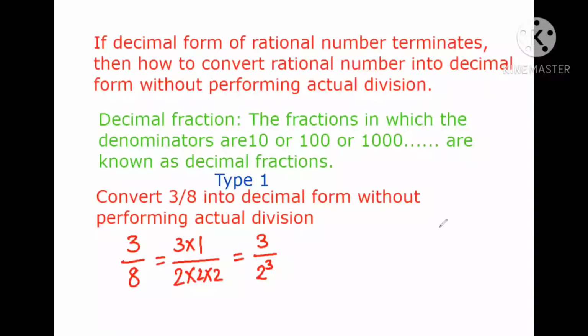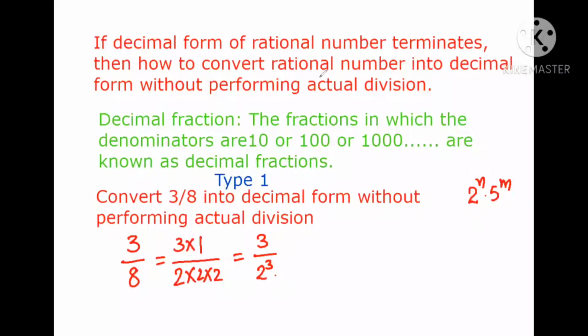So here, to convert this p by q form rational number into decimal form, there should be 5 power something, because according to theorem 1.4, if the denominator is of the form 2 power n into 5 power m, then it terminates. We can write the decimal form easily if the fraction is like this.